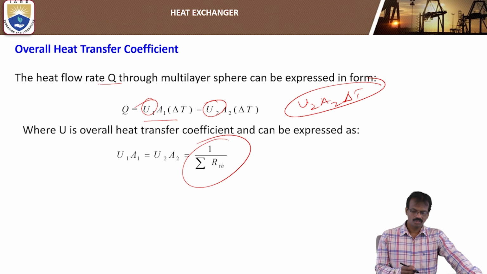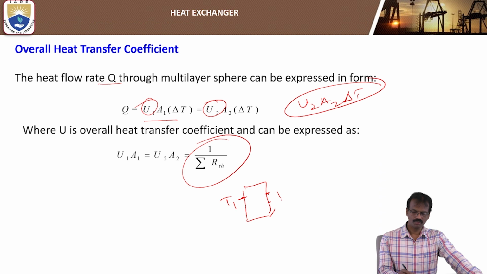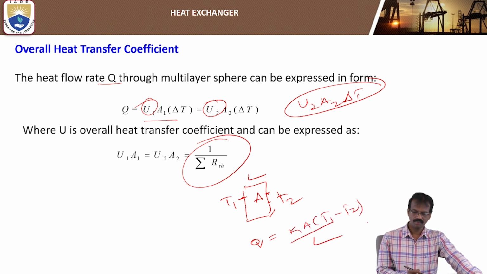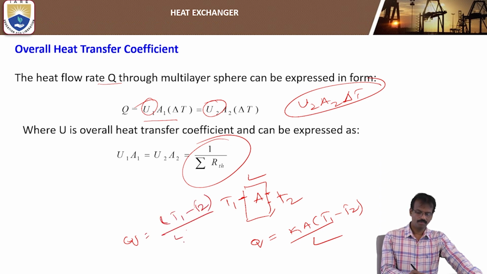You know the thermal resistance for any solid surface, like heat conduction in a homogeneous body with temperature T1, temperature T2, thickness L, and area A. From Fourier's law, Q is equal to KA into T1 minus T2 by L. It means Q is equal to the temperature difference, T1 minus T2, divided by L by KA.